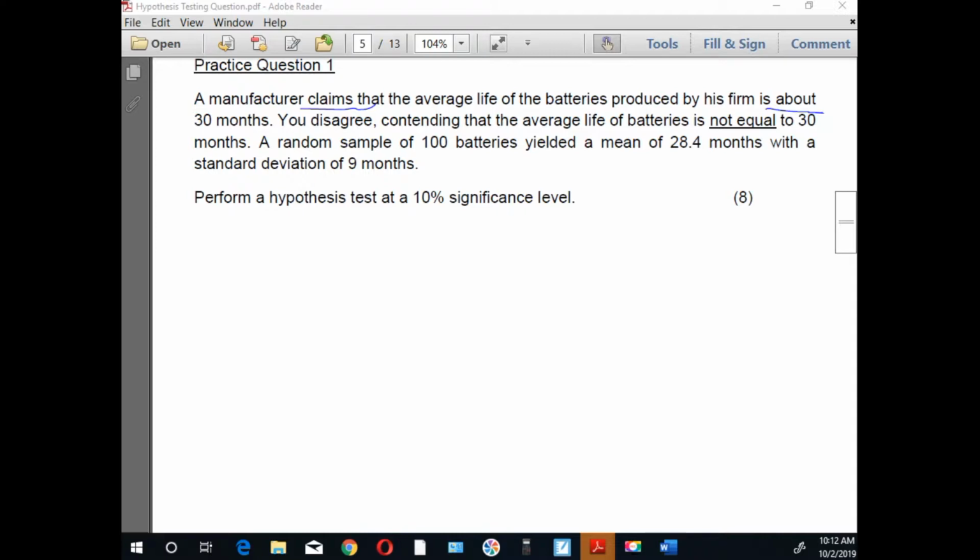Remember, this is a typical population standard deviation unknown, because we don't know it. It's not given to us.